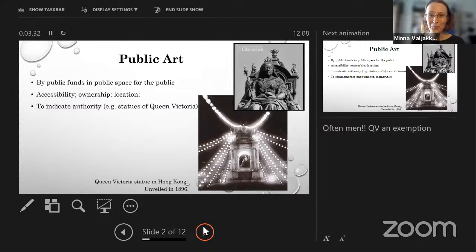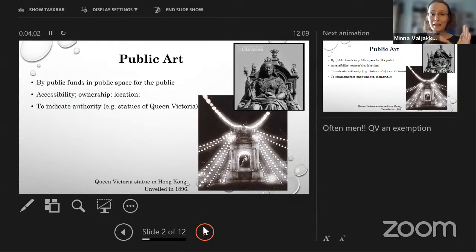So the original statue unveiled in Hong Kong in 1896 is still there, but it has had quite a journey. First of all, it was made by an Italian artist in the UK. Then it traveled to Hong Kong and was unveiled in 1896. The statue itself is made out of bronze, as we can see in the upper image, very much resembling Queen Victoria herself in a life-size format.